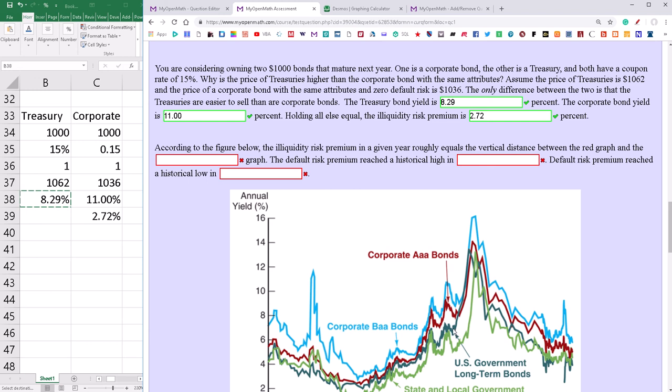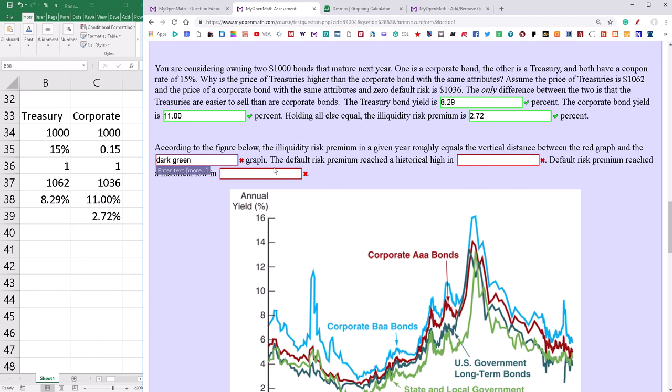Okay, and I'm going to argue that the difference between the red graph at a given point in time and the dark green graph is the liquidity premium, or the illiquidity premium. The reason why I say that is because there are people looking for corporate bonds, and there are people looking for bonds in general.